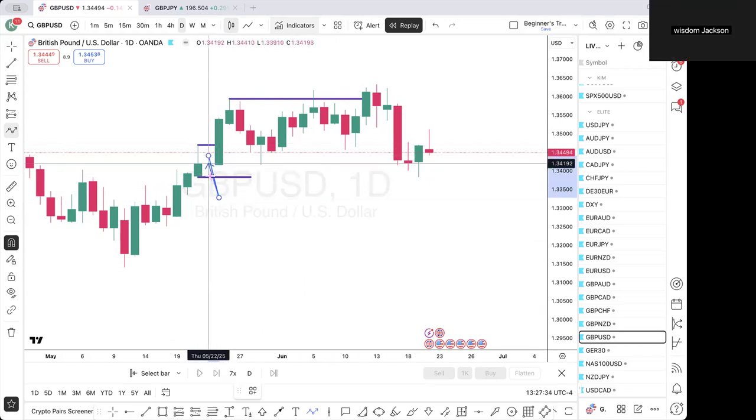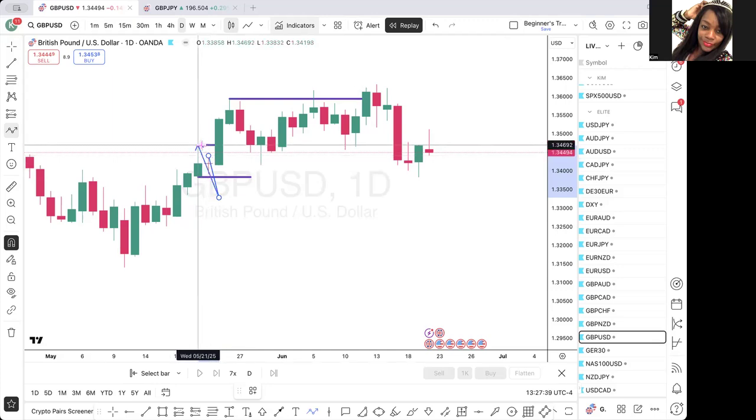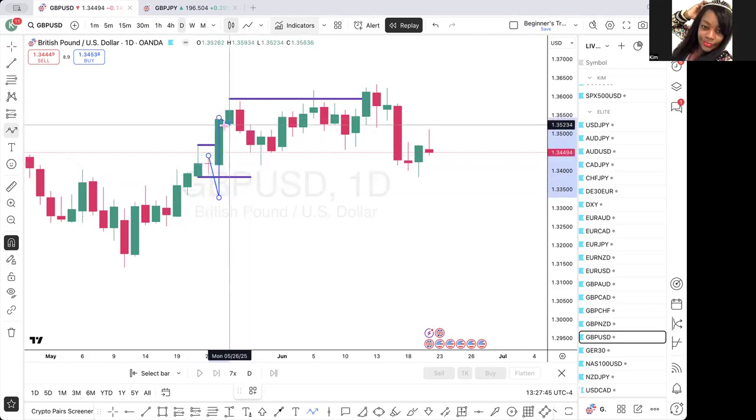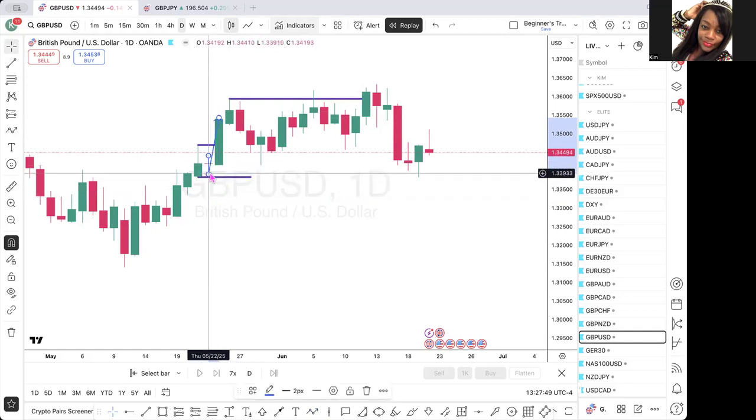Price didn't sweep on this candle. Price didn't close above or sweep the high. But then the next day, price closed above, price pulled down to, and I'm just marking the low of that candle.